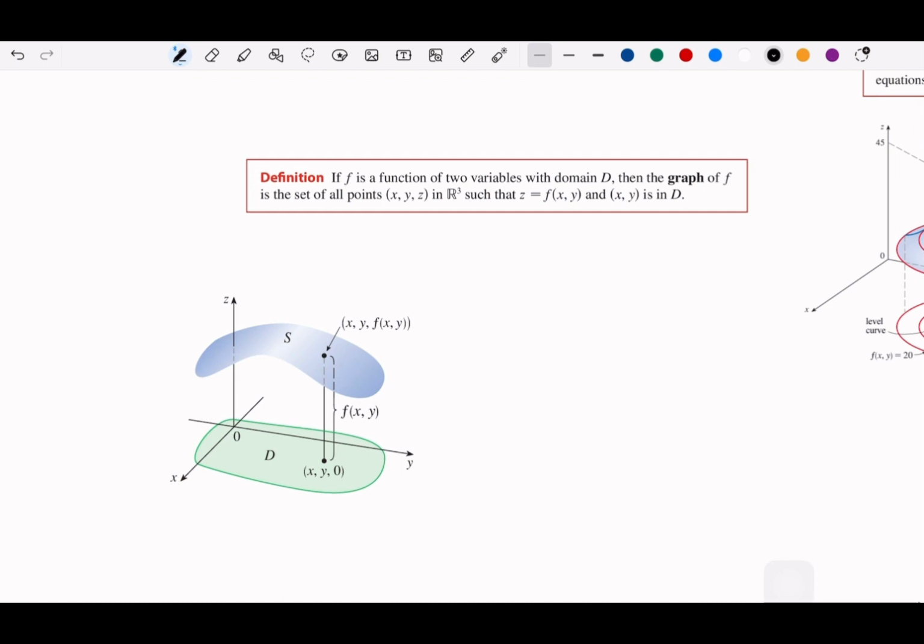So perhaps this is our surface, then our variables will be here. We can determine each point that is going to be matched with each height or level in S. So that is the function of two variables that we are expecting to have in this chapter.